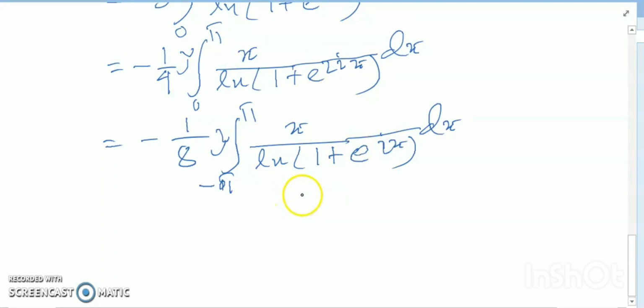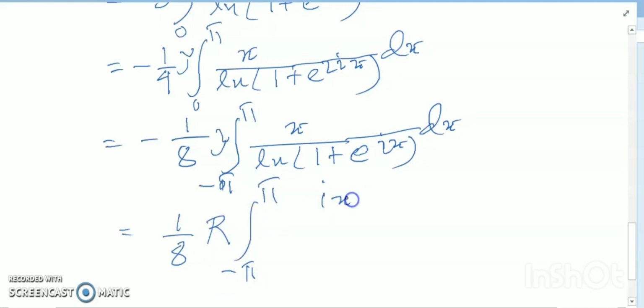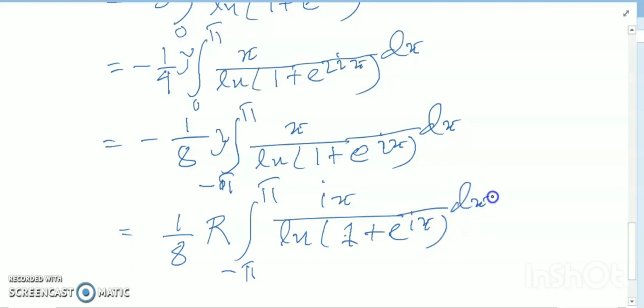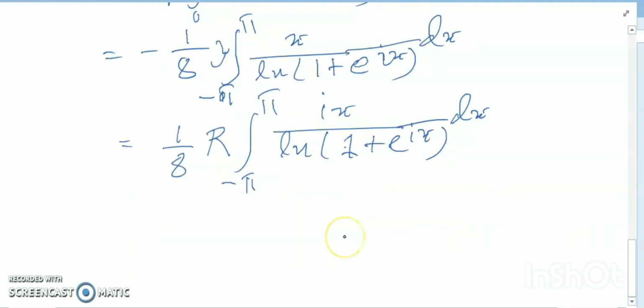So this way I can write it as 1 by 8, real part, integral from minus pi to pi of ix divided by ln 1 plus e to the power ix dx. So friends, this is equation number 1.